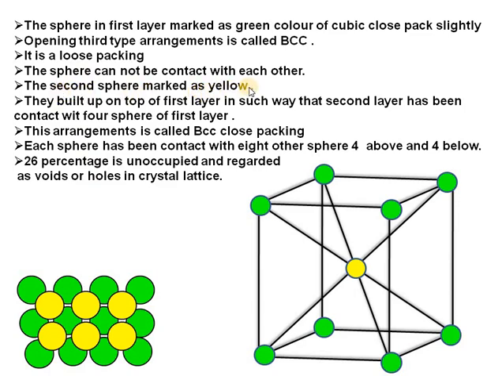This second sphere is marked as yellow. This is the first sphere marked green, and the second sphere marked yellow. They are built up on the top of the first layer in such a way that the second layer contacts four spheres, right?